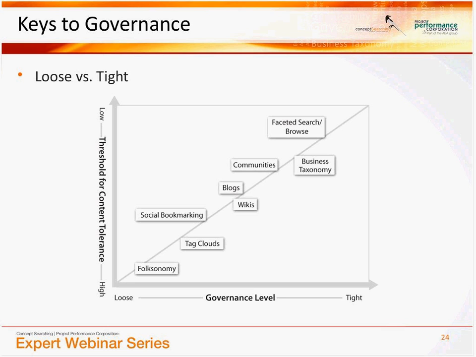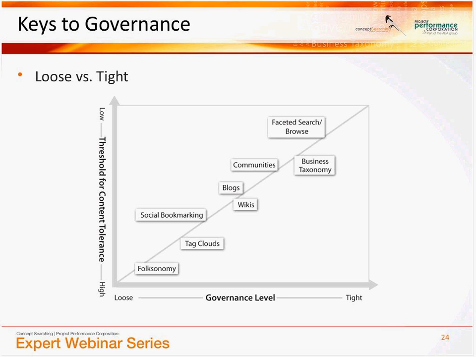faceted searching and browsing, which has been the primary crux of this decision. But even though the governance is very tight, it is a very powerful way of retrieving information and creating that common and controlled vocabulary that you can attempt to use across many different areas within your organization. And then at the very bottom, very loose, is that whole idea of folksonomy.